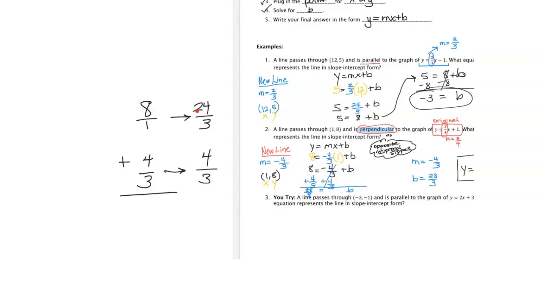So really we're adding 24 thirds plus 4 thirds, and that gives us 28 thirds. And that's how we got that answer. So again, 8 plus 4 thirds is 28 thirds. And once again, if you're using your calculator, 28 divided by 3 gives you 9.333 repeating.